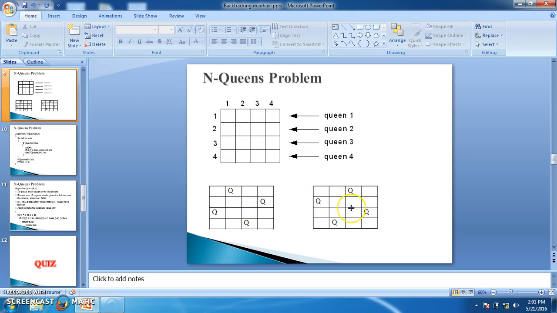Whatever two solutions we have got here, these two have satisfied the explicit constraints and also the implicit constraints, and then we can treat these two as the solutions for the n-queens problem. The n value may be 8 or 16, so whatever it is, we can solve the n-queens problem by replacing 4 with 8 also.